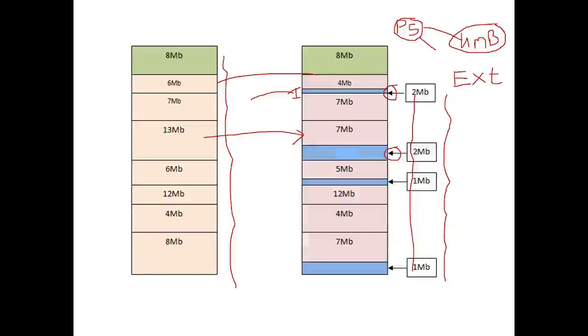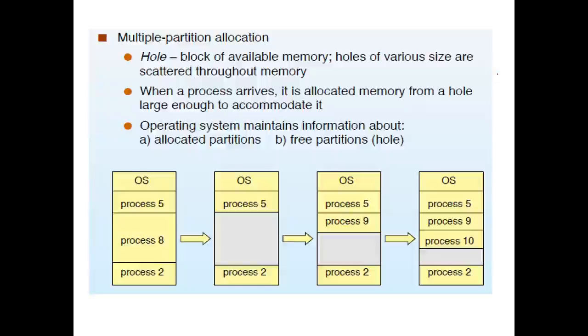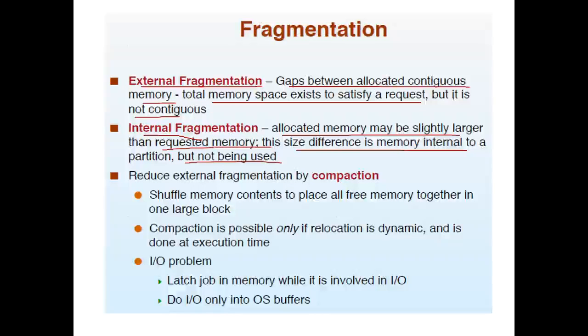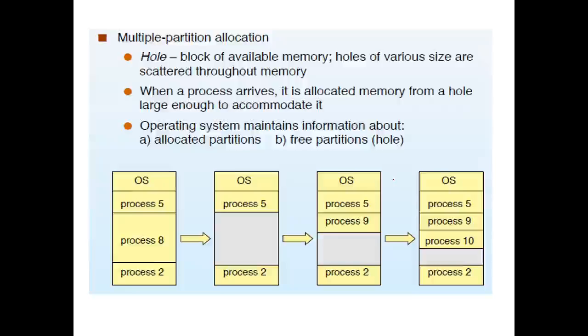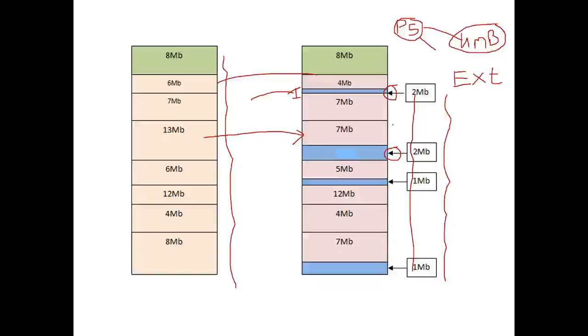But there is a solution for this external fragmentation, that is compaction. Compaction is a technique in which the memory available in each partition you bring to one end of the side, so that all the free memory is gathered at one place.